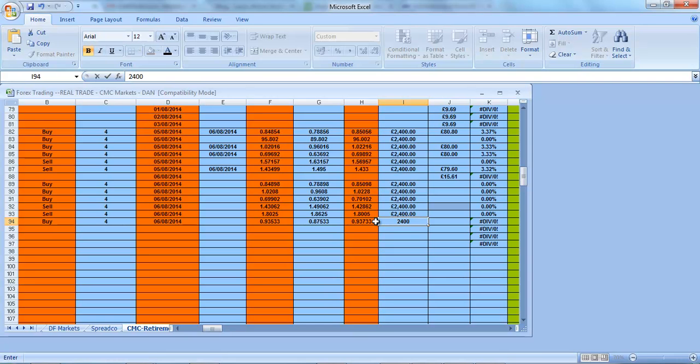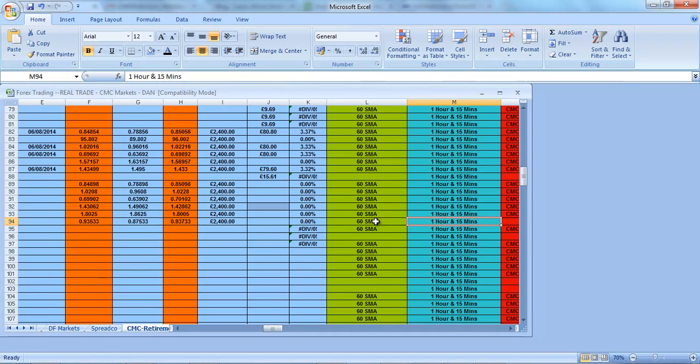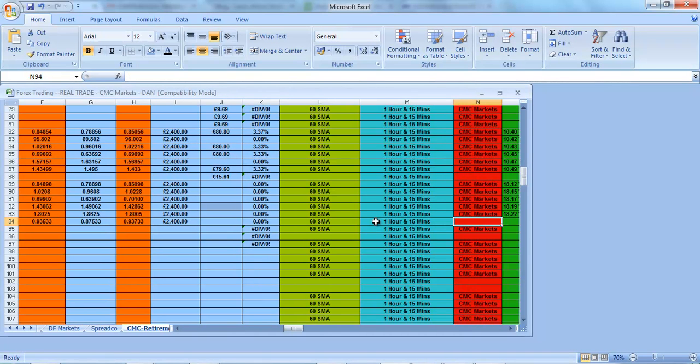Okay, I haven't made anything, so I can't put any amount that I've made. Obviously what I'm using is 60 SMA, so I just put 60 SMA, and the duration that I'm using is 1 hour and 15 minutes, which is all right. And the platform is CMC Markets.